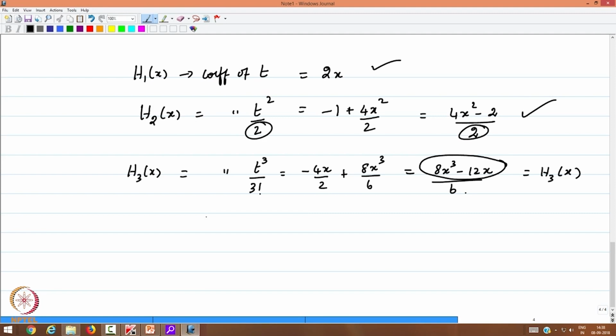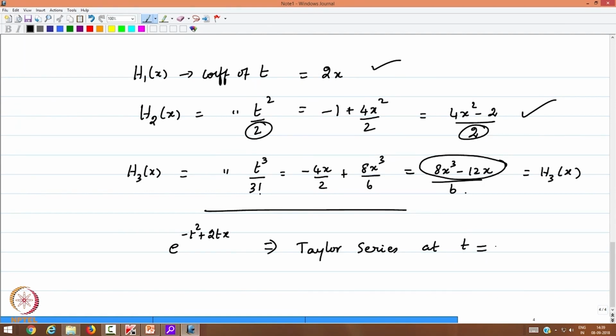So, this is a brute force way. There is another nice way, which is, if it is a power series, you can see this e to the minus t square plus 2tx. Treat this as a Taylor series and expand it at t is equal to 0.